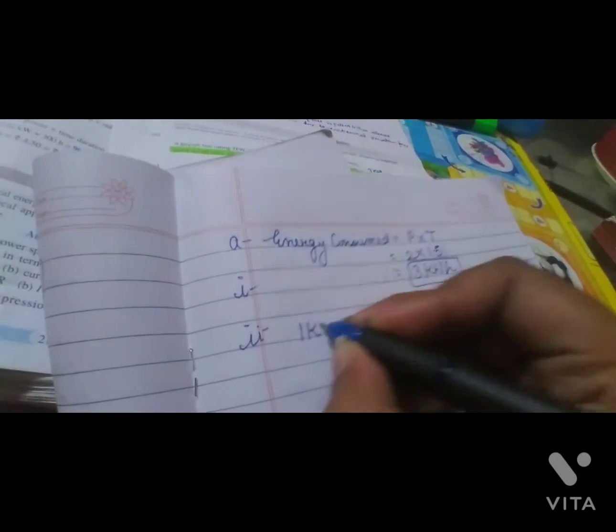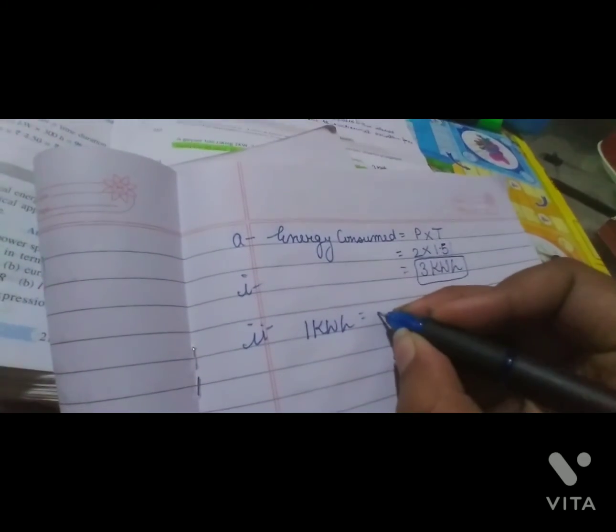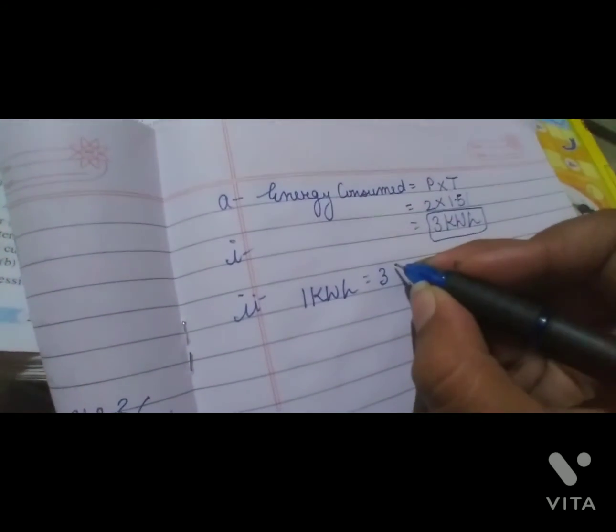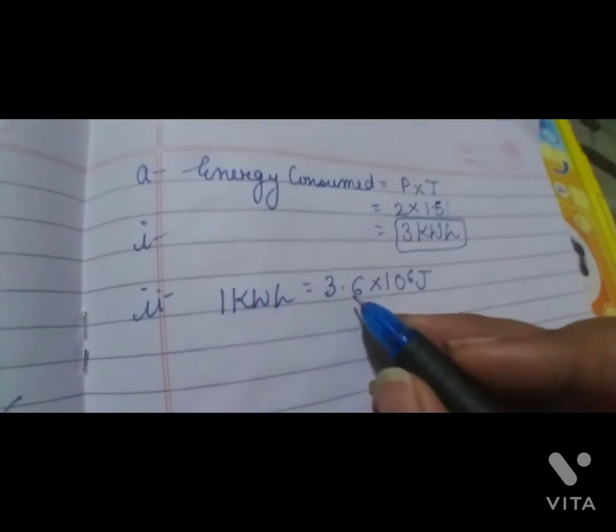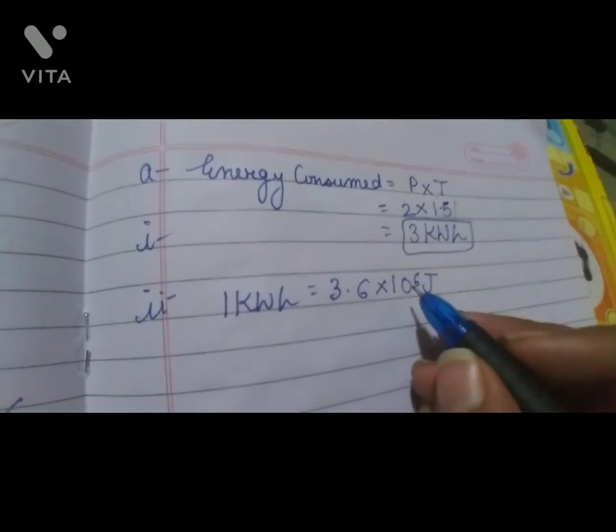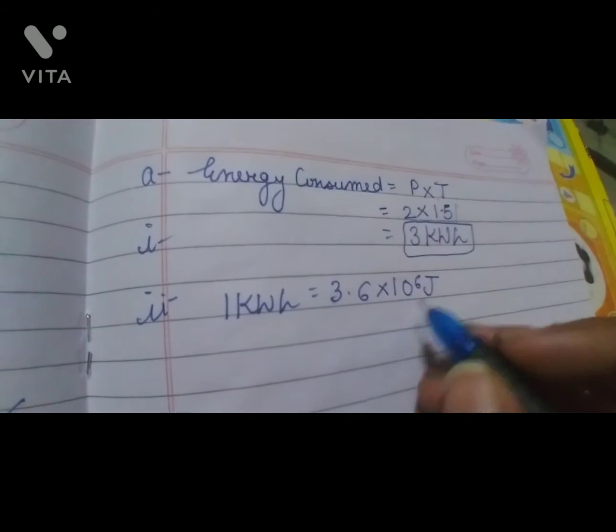So 1 kilowatt hour equals to 3.6 into 10 raised to the power 6 joule.